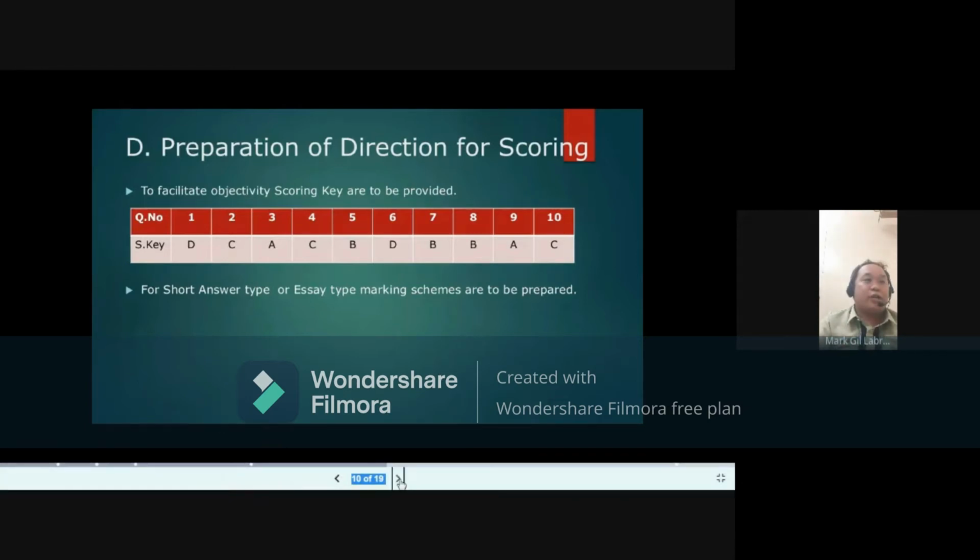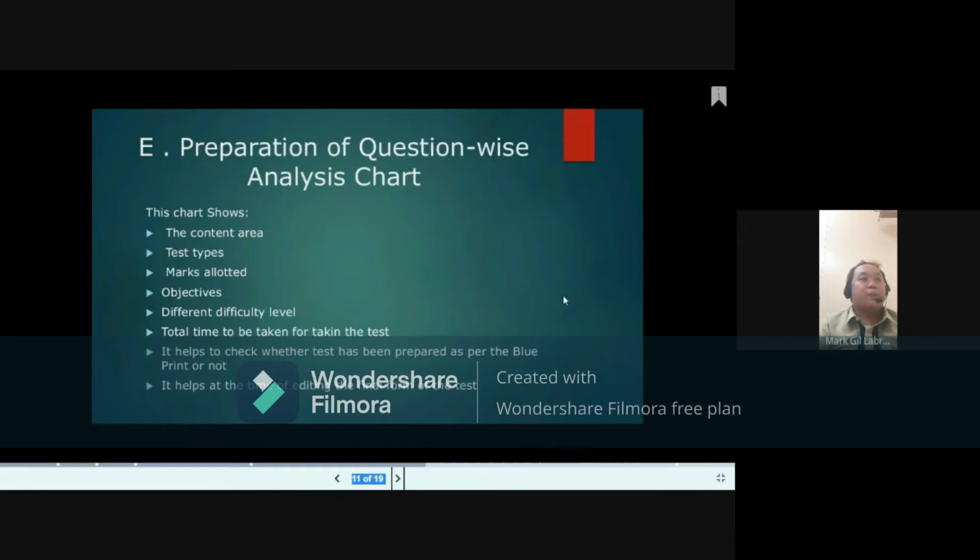So preparation of a question-wise analysis chart: the chart shows the content area, the test types, marks allotted, the objectives, different difficulty levels, and the total time to be taken for the test. It helps to check whether the test has been prepared as per the blueprint or not, and it helps at the time of editing the form of the test.